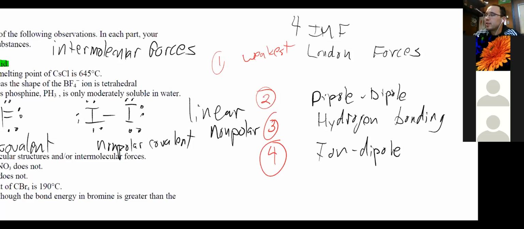Not quite as strong as an ion dipole, but better than most dipole-dipoles. There are times where they can be mixed up, so there's a gray area where they can overlap. But in general, this is the pattern they follow. London forces are your weakest, then your dipole-dipoles, your hydrogen bonds, and then your ion dipoles. That's generally how they fall in.